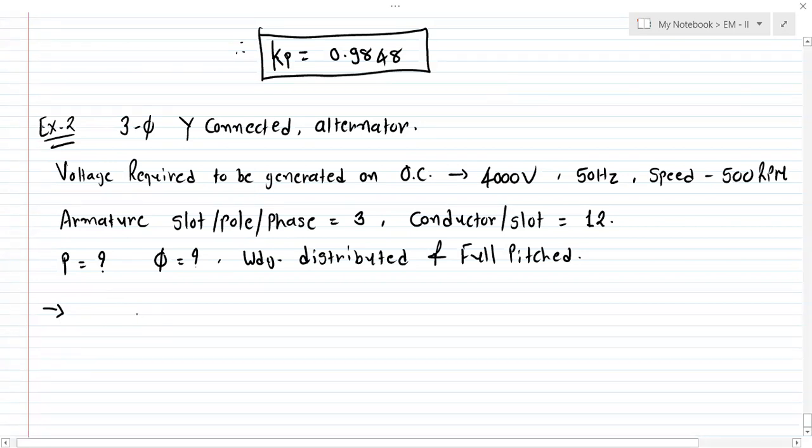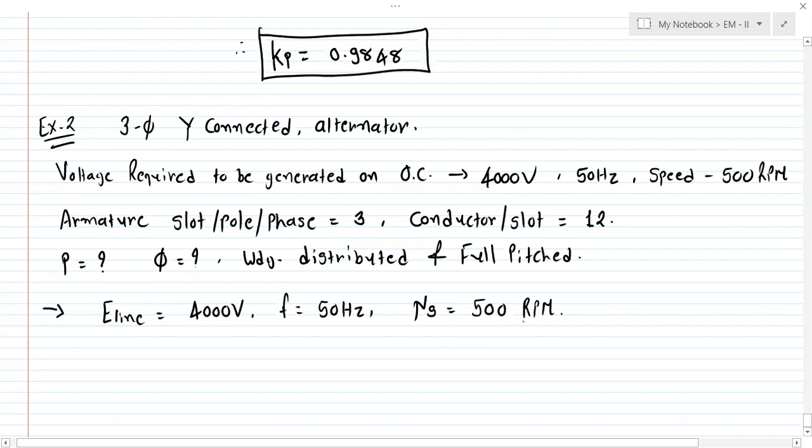So let me write down the data here. Suppose the voltage generated, which is the line voltage, should be 4000 volt. I have a frequency of 50 hertz. As I already told you, in a synchronous machine the speed is always the synchronous speed, so my synchronous speed is 500 RPM.